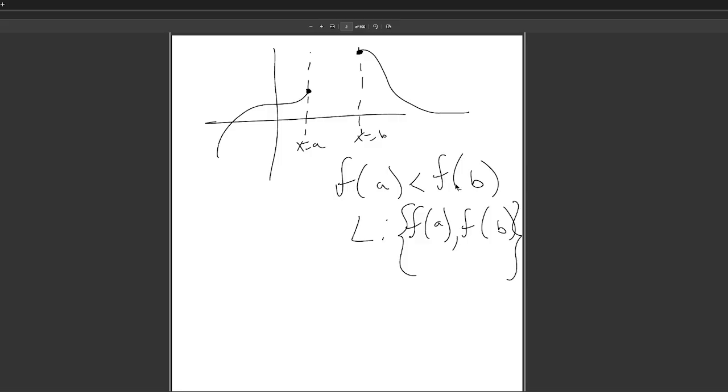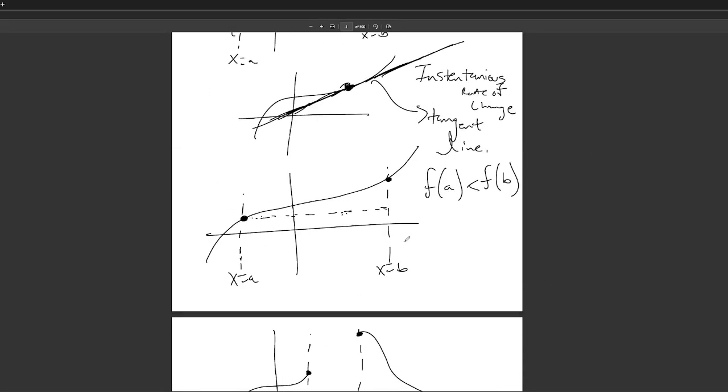And there is some x value in the interval a to b which gives you that L value. So any L value you pick, there must be some x value that produces that L value if the function is continuous. If it's not continuous, then of course, if I pick some L value here, there's no x value defining that. Okay, that's good.